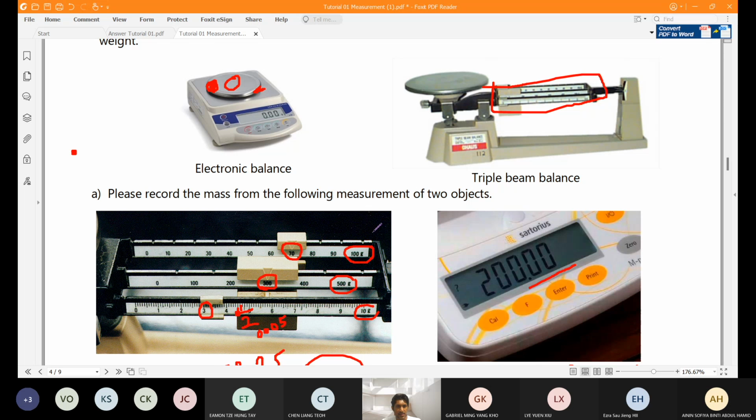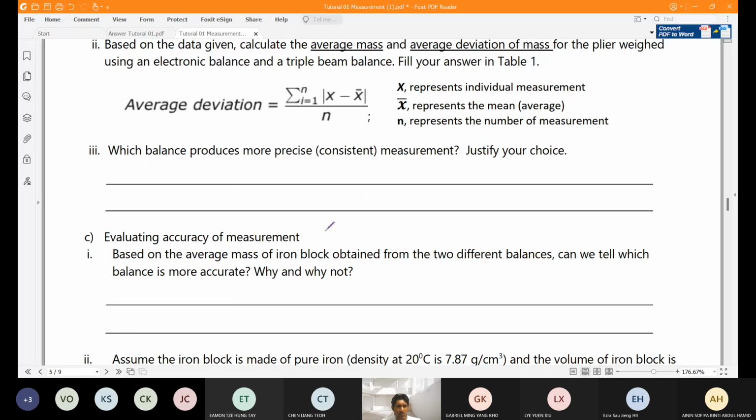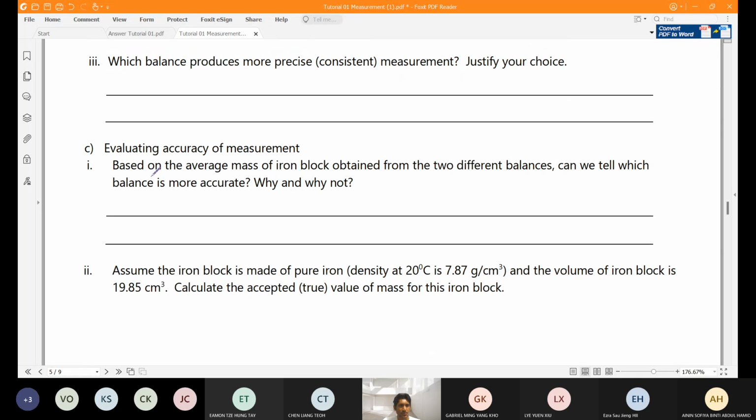Now go to the second question. Which balance produces more precise measurement? Justify your choice. Of course, the electronic balance, it will be showing. Evaluating accuracy of measurement based on the average mass of the iron block obtained from the two different balances, can we tell which balance is more accurate?